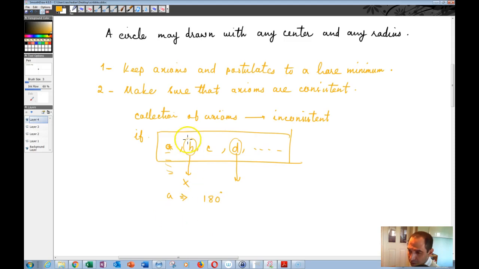Okay, and let's say that axiom B says that the sum of the internal angles of a triangle is 181 degrees. So of course you know that these axioms are inconsistent. The sum of the internal angles of a triangle cannot be 180 degrees and also at the same time 181 degrees. So it's just not possible. That is called an inconsistent collection of axioms, and you have to take care of the problem.